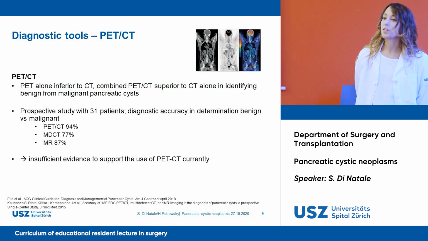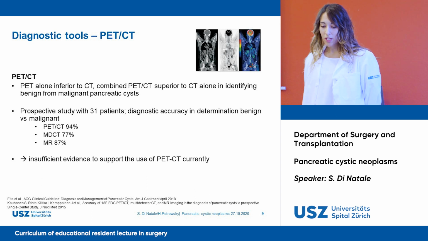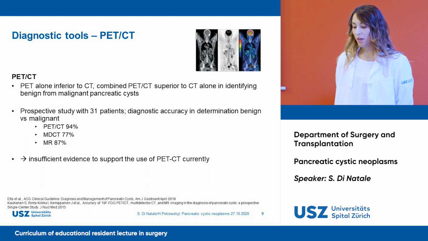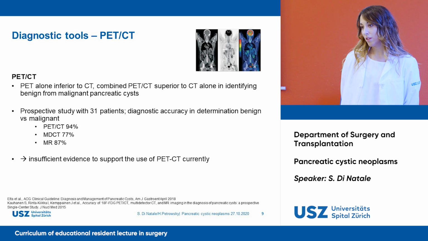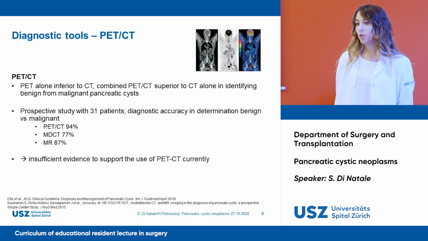Now, which role does the PET-CT scan play in unclear pancreatic cystic lesion? A systematic review evaluated 4 PET studies for identifying benign from malignant pancreatic cysts, and they found PET alone to be inferior to CT and combined PET-CT to be superior to CT alone.